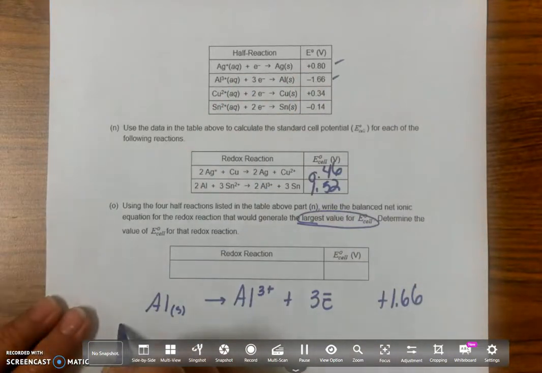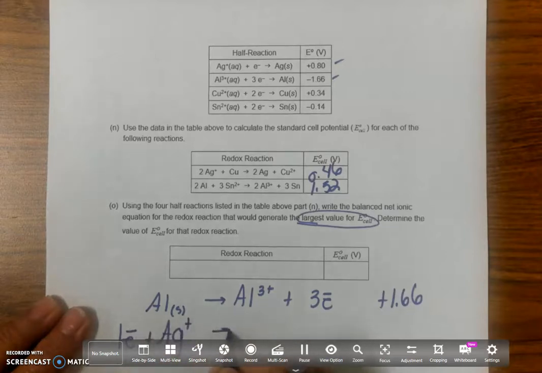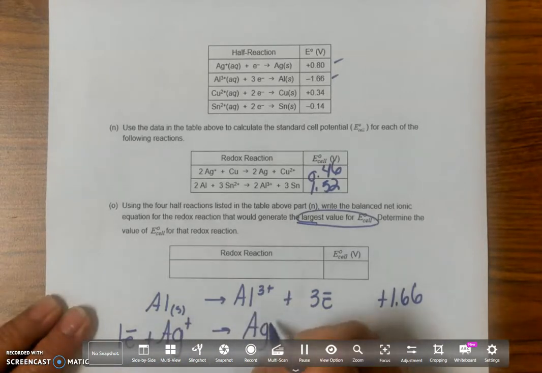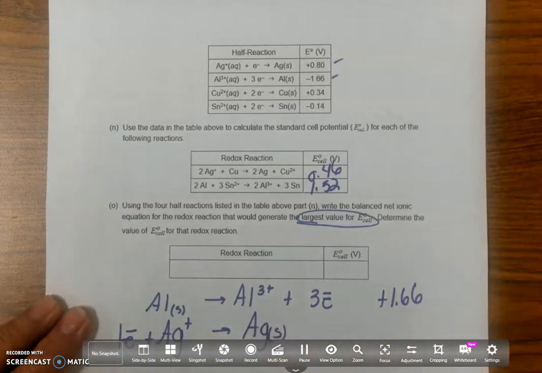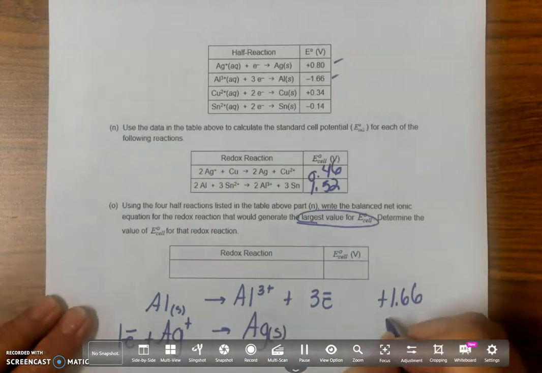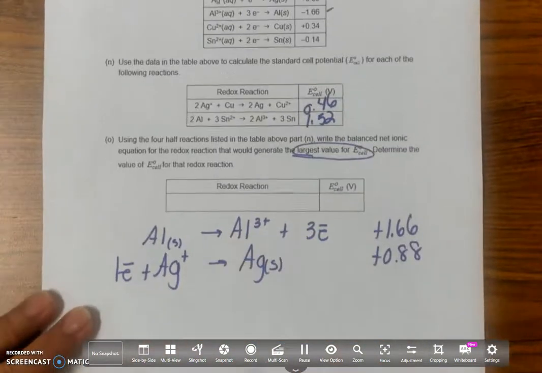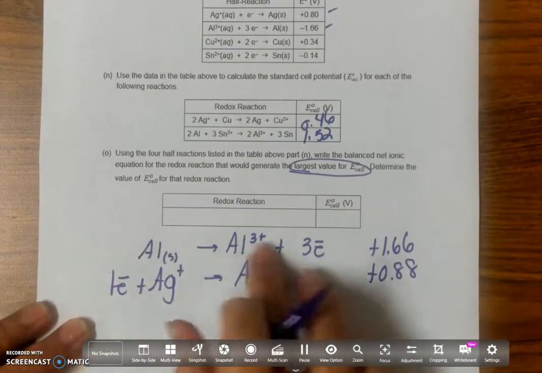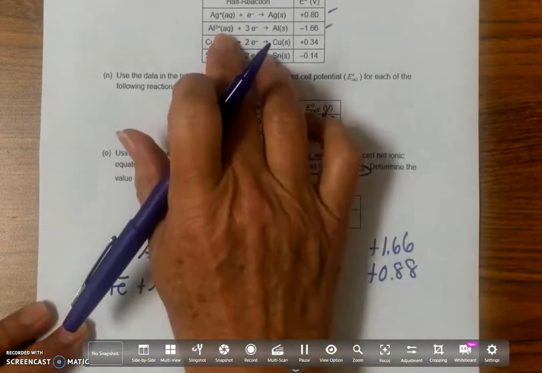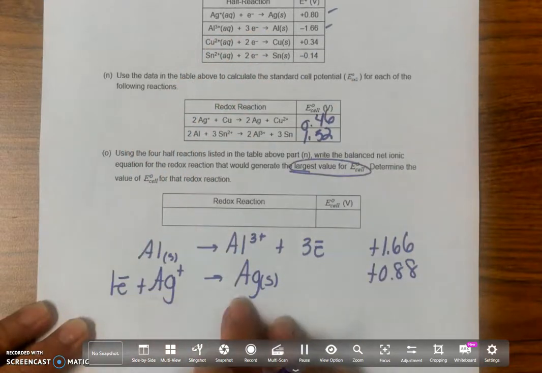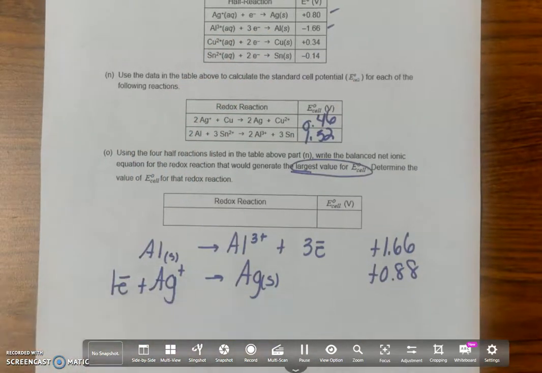So I'm going to say 1 electron plus Ag+ goes to silver solid. And now that's going to be a plus 0.88. So here's my oxidation. Sorry, I've been kind of a little bit too far down. Here's my oxidation by flipping that. Here's my reduction.